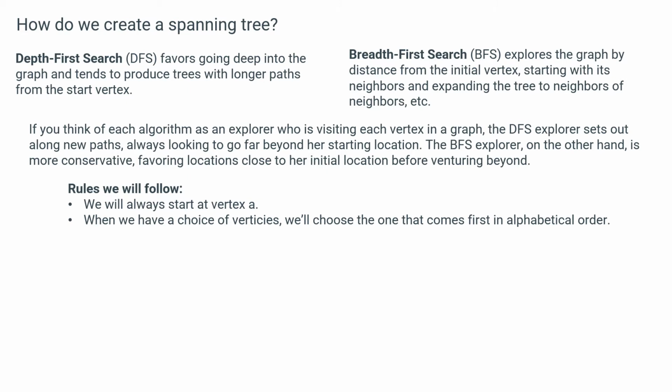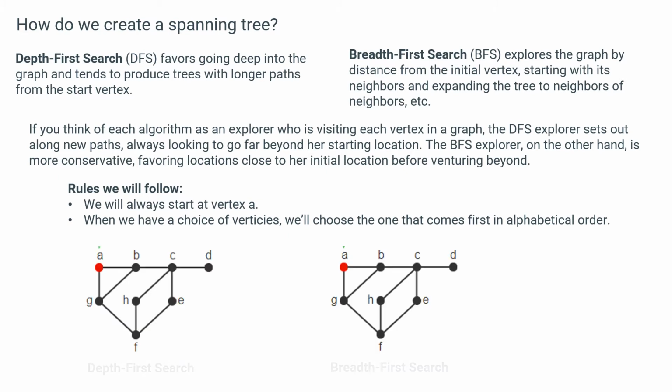That's so that we can all get the same answer. We make sure that we're all following the same rules, so that if you get the same answer that the book gets, or the same answer that I get, you know that you followed these rules correctly.